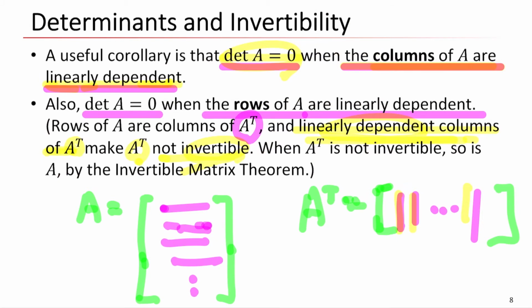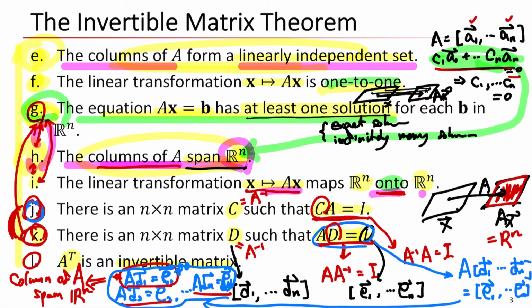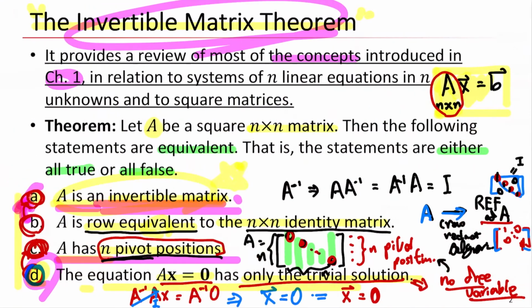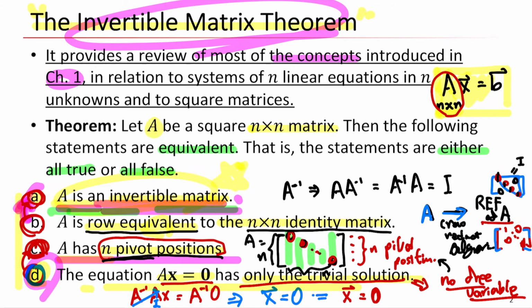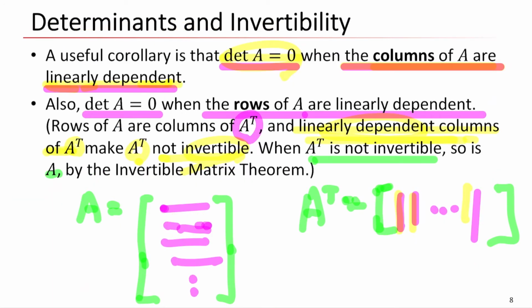Then when A transpose is not invertible, so is A. Why? From here: A transpose being an invertible matrix is equivalent to A being an invertible matrix. To summarize, if the columns of matrix A are linearly dependent, or the rows of matrix A are linearly dependent, then we can say that the determinant of matrix A is equal to 0.